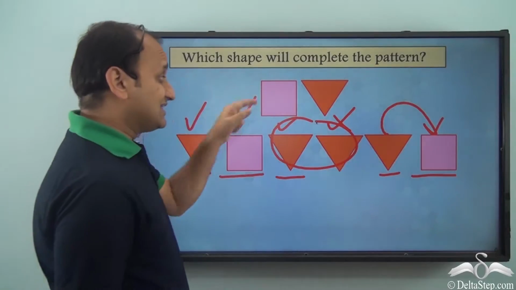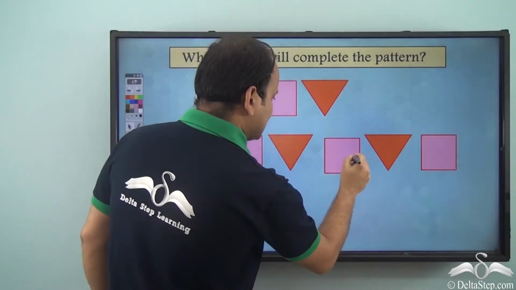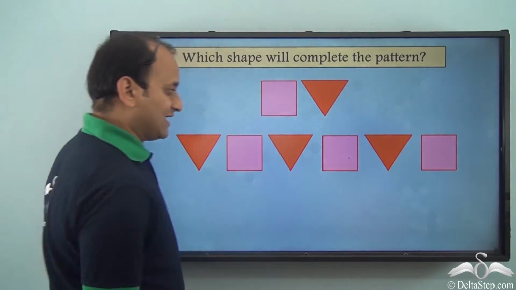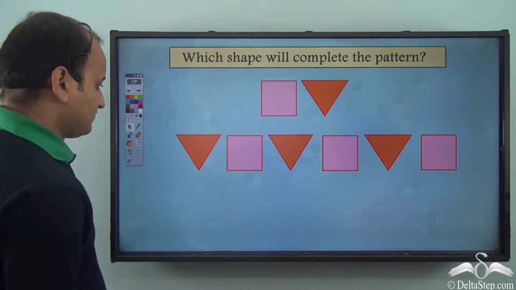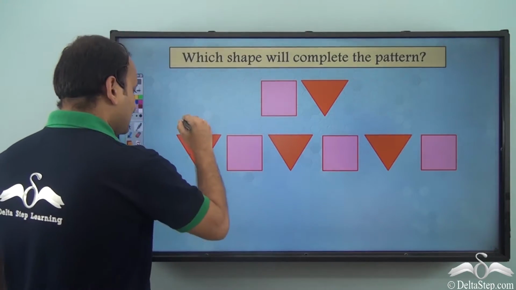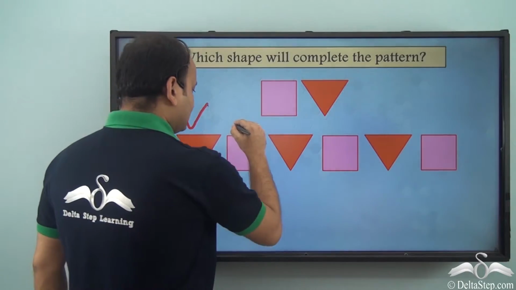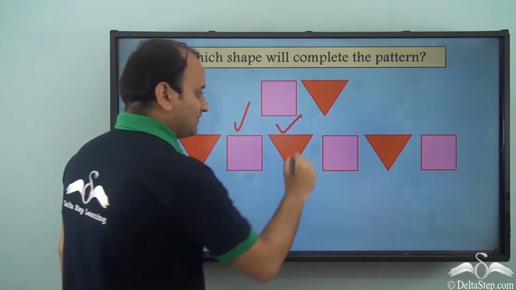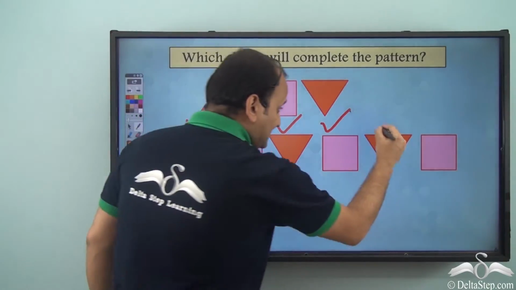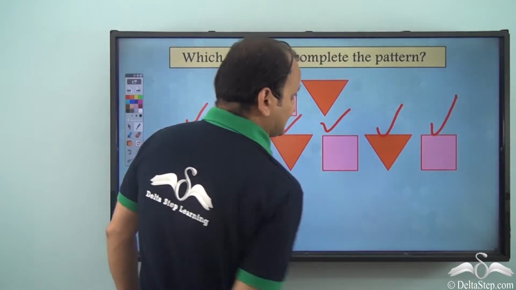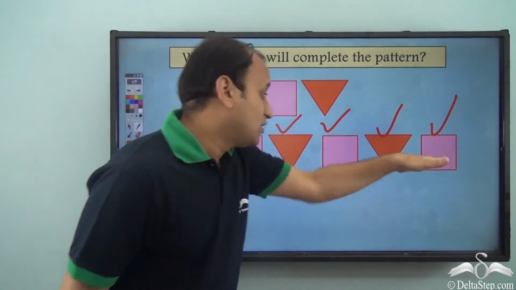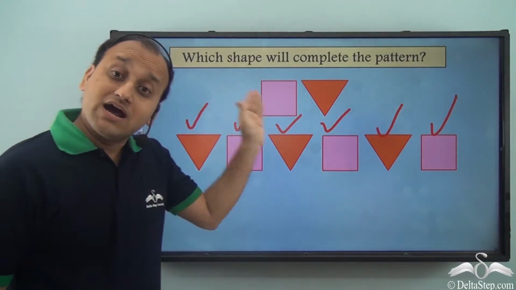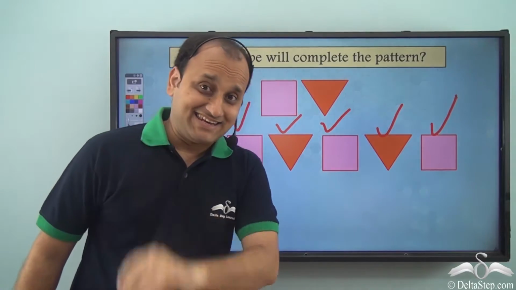So let's try with the next one. So once I place this design here, then what happens? Well, let's see. So I have this design here, then the next design, then again this design, then the next design, again this design, and next design. So what do I see? Well, I see repeated design, isn't it?